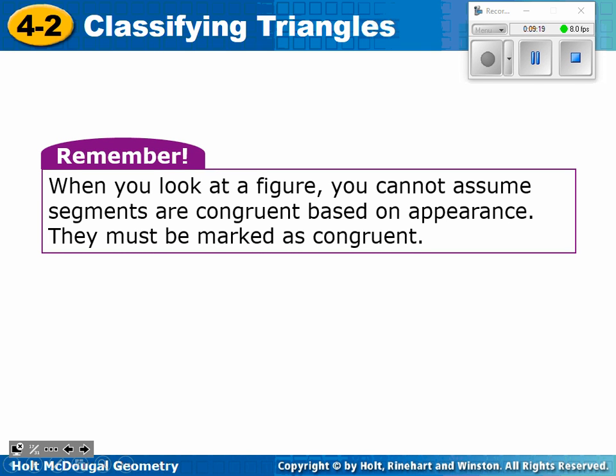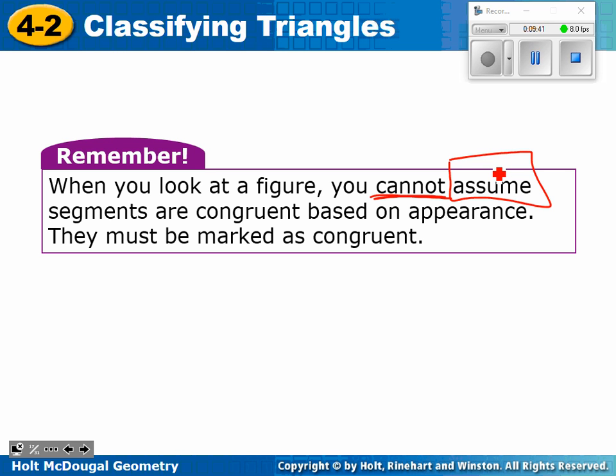Okay, I want to emphasize this helpful hint right here. Did I put this in your notes? Okay, when you look at a figure, do not ever assume that segments are congruent based on their appearance. Do not assume that an angle is acute because it looks acute. Do not assume that it's obtuse because it looks obtuse.